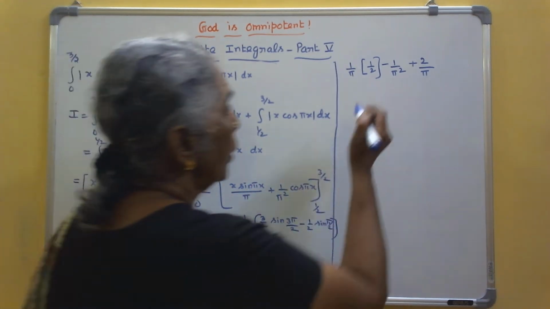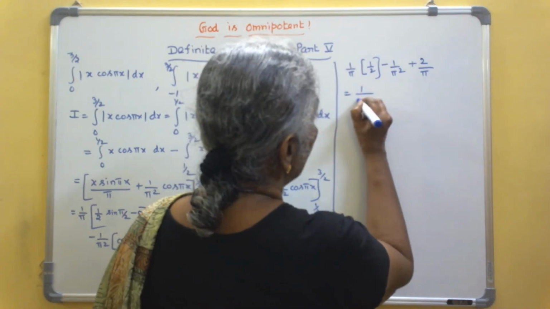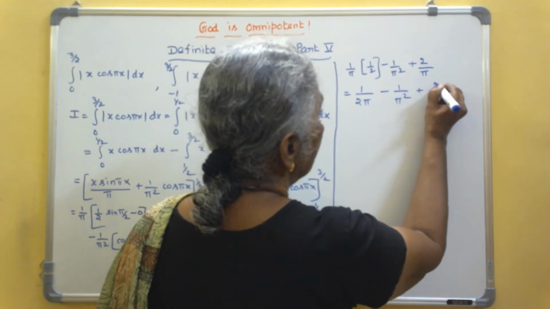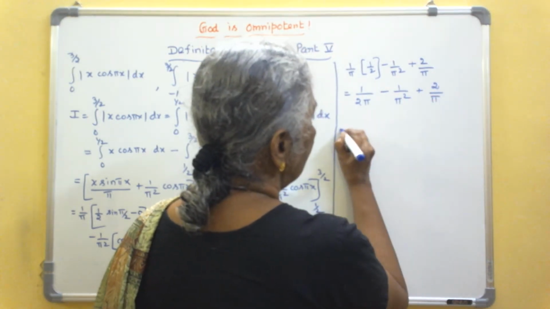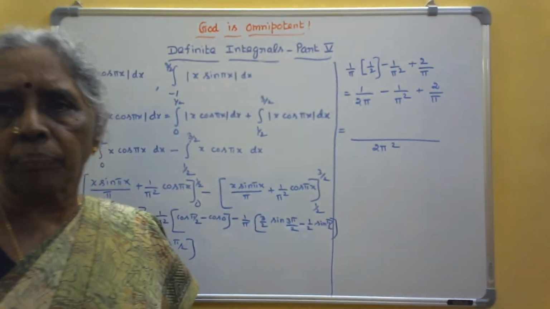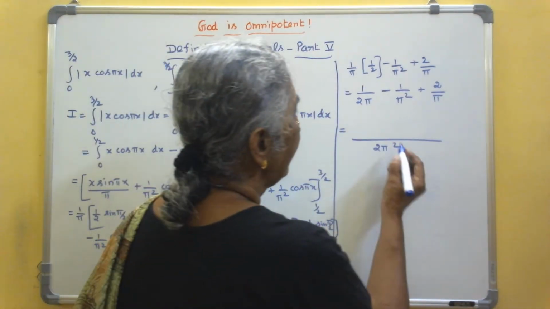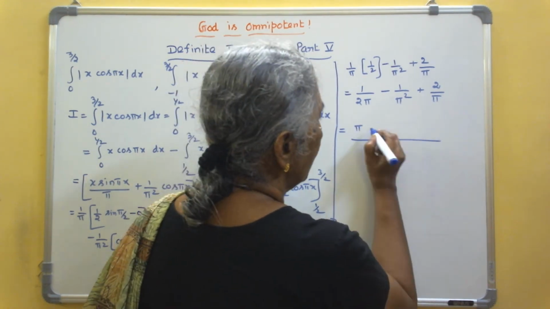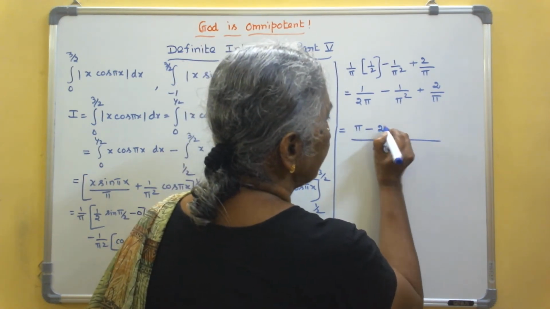So now you are getting 1 by 2 pi minus 1 by pi squared plus 2 by pi. Let me take 2 pi squared as LCM. I have a 2 pi here, so I will get a pi here. Here I have pi squared, so I will get minus 2.